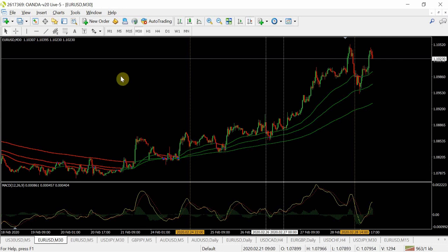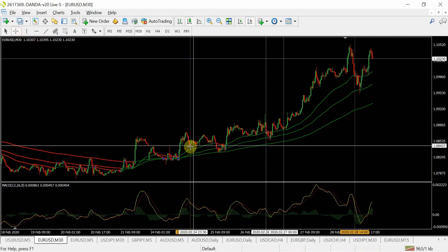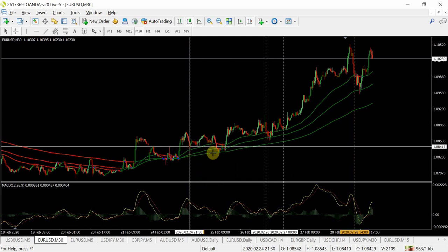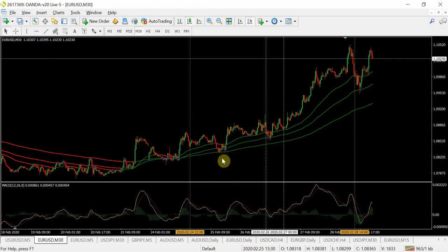It's not to say price can't shoot up straight away, but it still has another 10 pips of drawdown. You did get to be in profit for a little bit as well, so depending on where you set your stop and your take profit, you might have made some profit there. But again, it does pull back quite a bit.